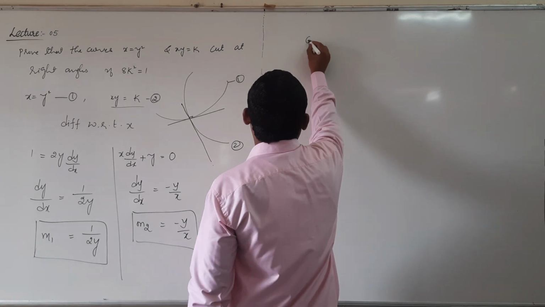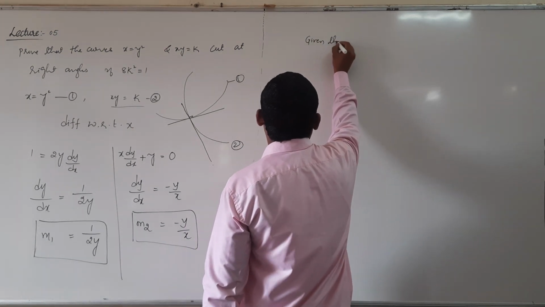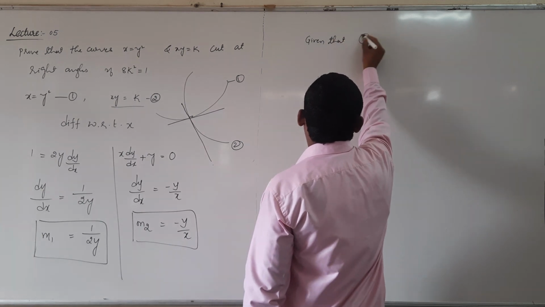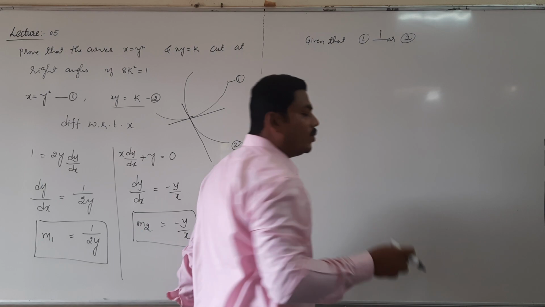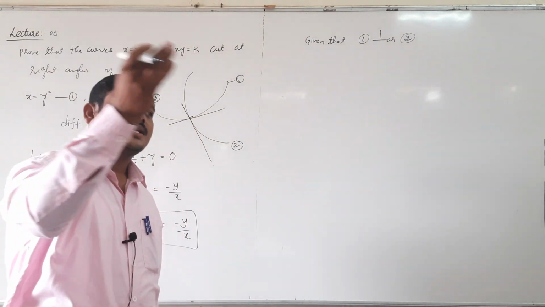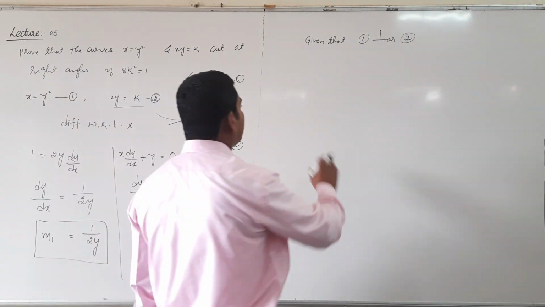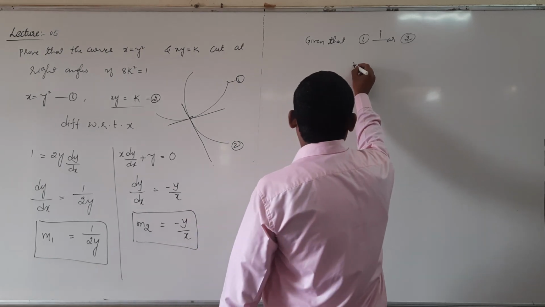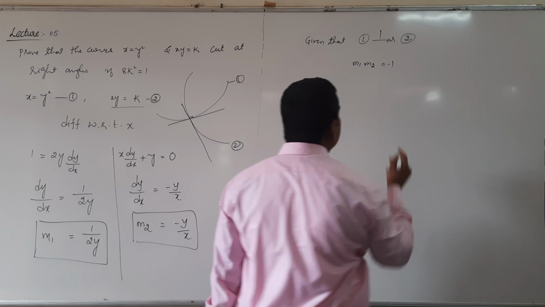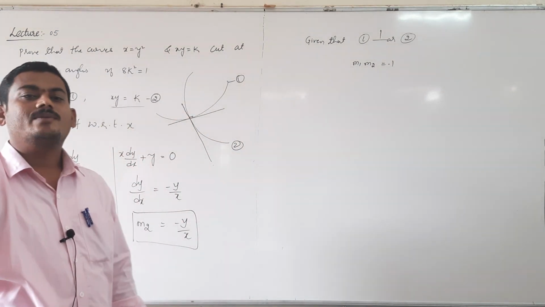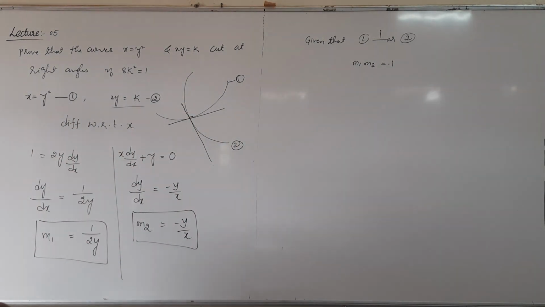Given that curve 1 is perpendicular to curve 2, their tangents are perpendicular. Tangents are perpendicular means product of their slopes equal to -1.